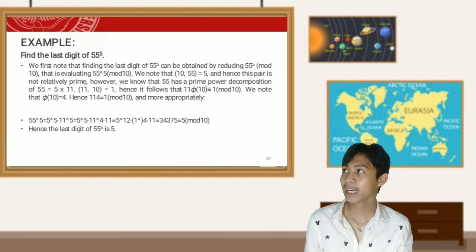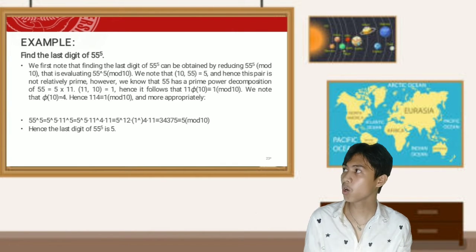gcd(11, 10) is equal to 1. Hence, it follows that 11 is relatively prime to 10. We know that φ(10) is equal to 4, hence 11 to the power of 4 is congruent to 1 mod 10.